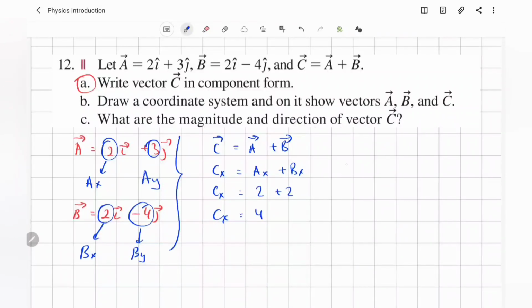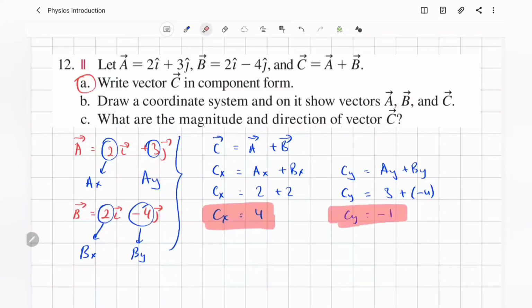Now let's come to the y component. Ay plus By. The y component for A is 3. The y component for B is negative 4. So the y component of C vector is negative 1. So we found the components for C vector.